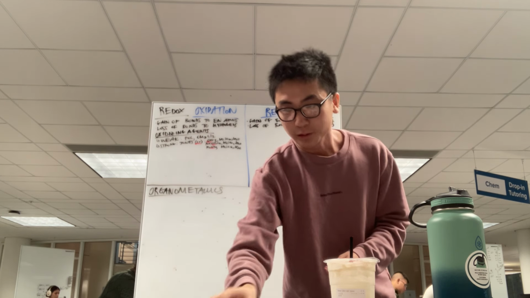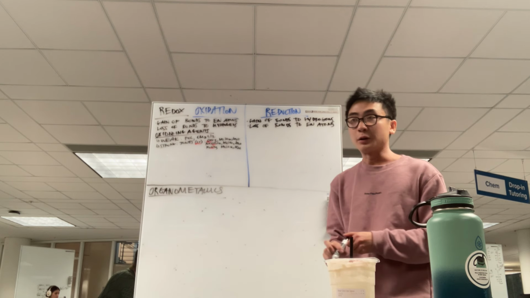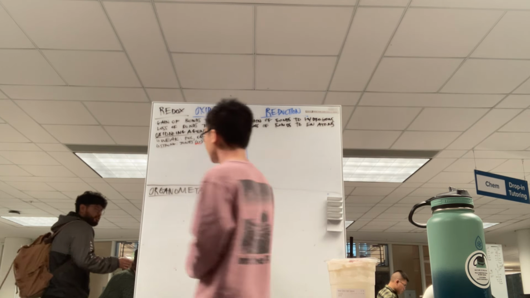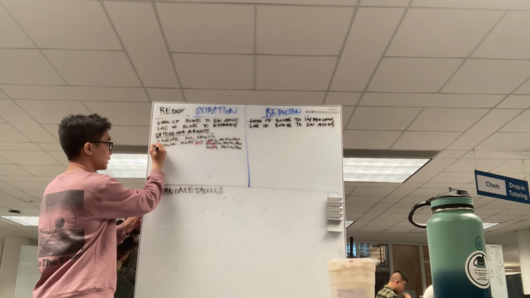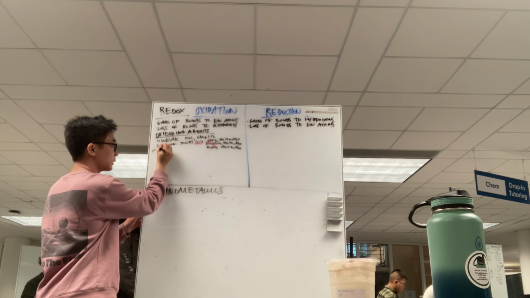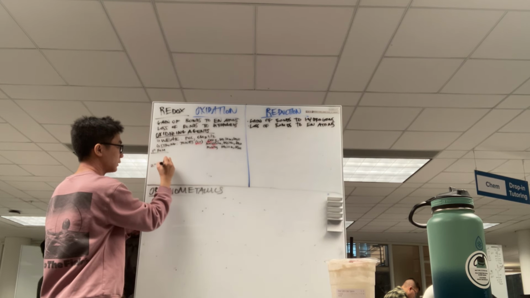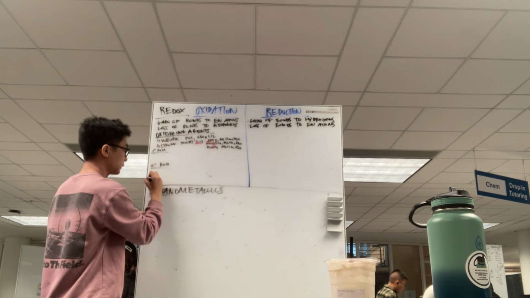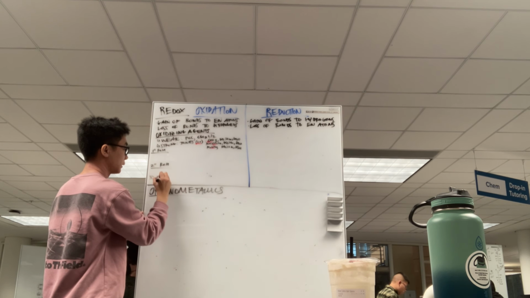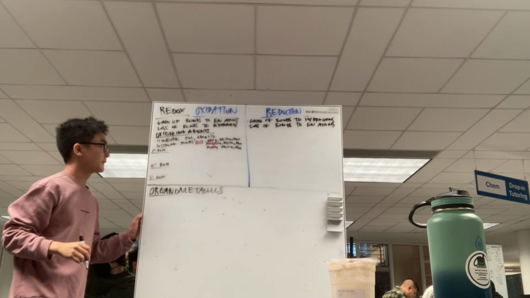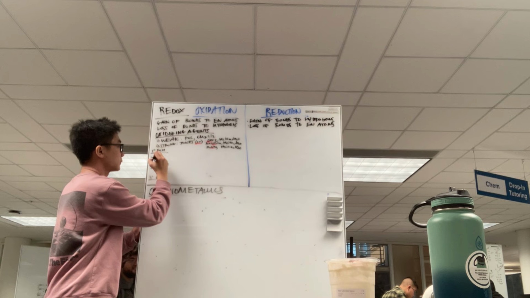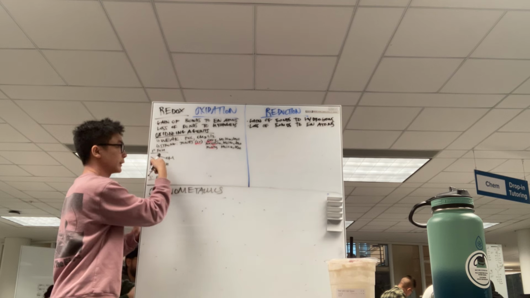Now, we're gonna talk about oxidizing alcohols here from 1A, right? So we can have a primary alcohol, a secondary alcohol, or a tertiary alcohol. Now, this right here is a primary alcohol.